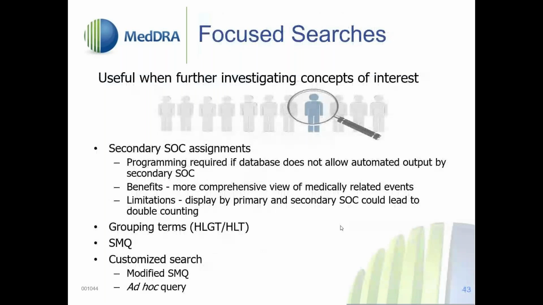So let's look at focus searches. If we looked at our complete data and have identified specific areas of interest, then often we want to have a more focused search. So either for a cluster, which we saw before, or it might also be that we know about a class effect which we want to see whether our drug also has.